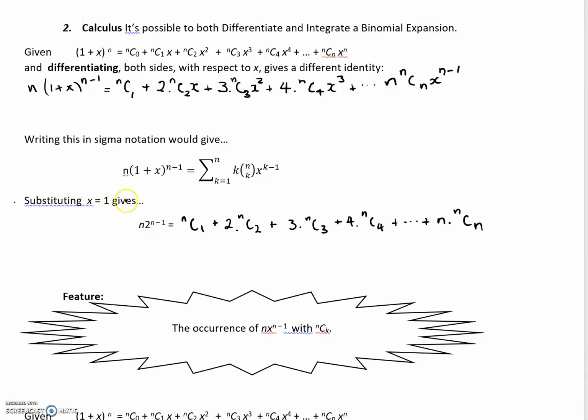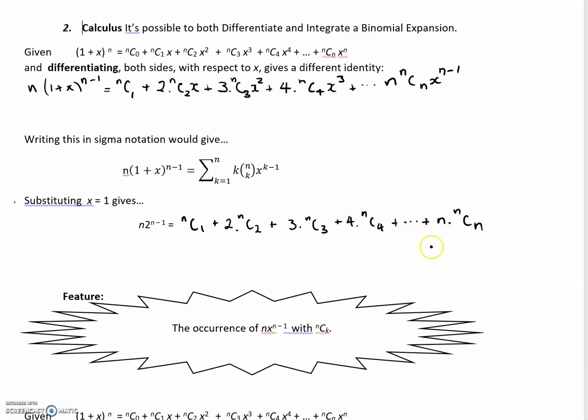So substituting x equal to 1 into this identity, then we get n·2^(n-1) = nC1 + 2·nC2 + 3·nC3 and so on.